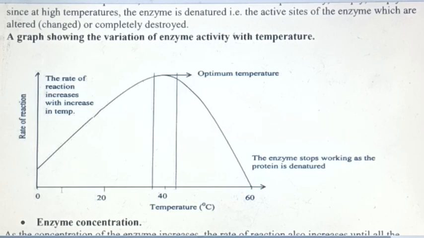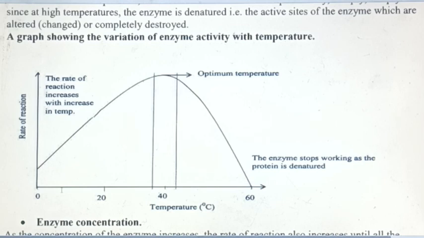That means a temperature beyond the optimum denatures or changes completely the structure of the enzymes. Denaturing means they are changing the structures. The structure is being destroyed. The original nature is being distorted. That is what we are talking about.